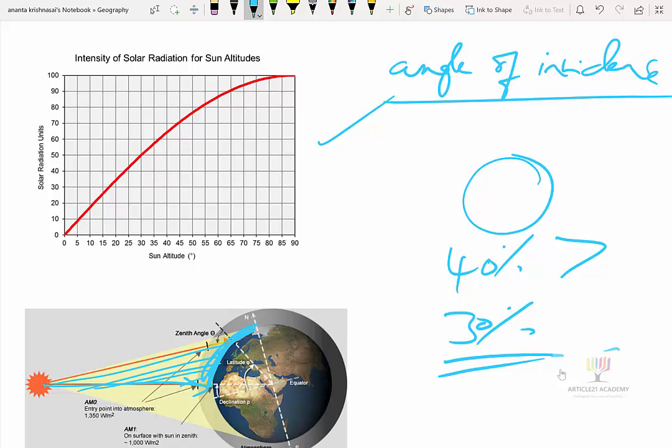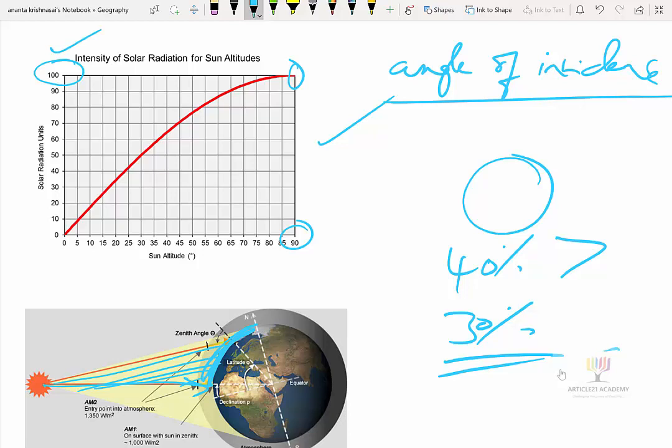If you look at this particular graph, you find that if the solar radiation is occurring at 90 degrees, where the Sun altitude is exactly 90 degrees, the intensity is very, very high. That means if the altitude is 90 degrees, the incoming solar insolation is 100%.